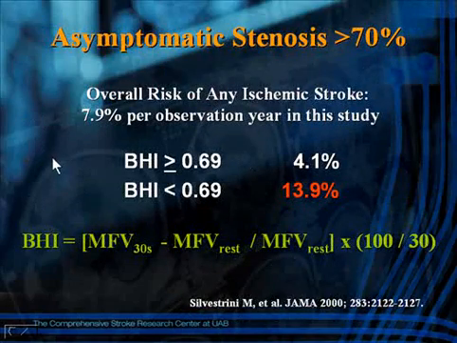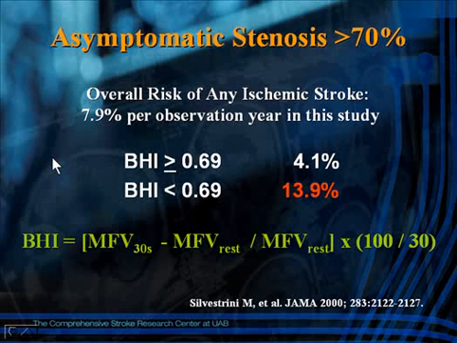Next slide is also showing some vasomotor activity data. This is on asymptomatic greater than 70% stenosis. This is the study done by the Italian group of Mauro Silvestrini, published in JAMA. In fact, one of the papers that actually led to acceptance of vasomotor activity testing as part of routine and reimbursable practices in the United States.